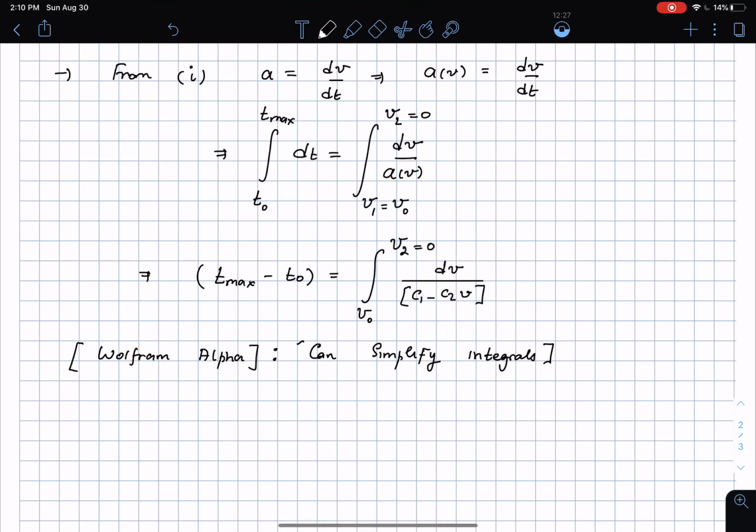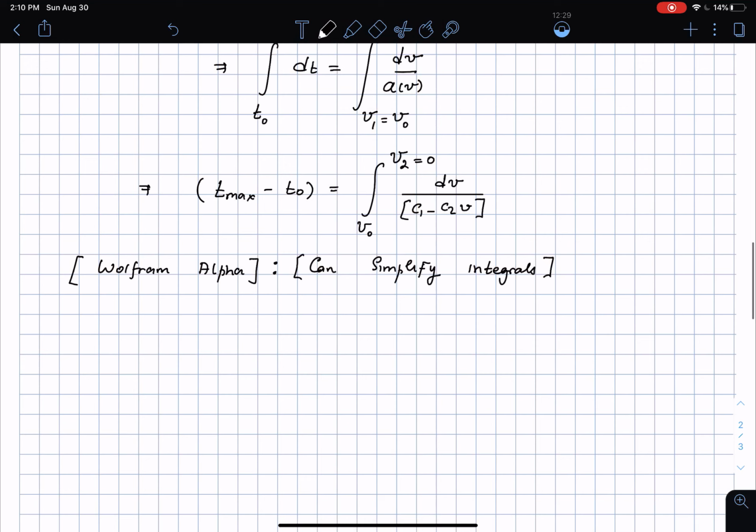Based on using Wolfram Alpha, after I simplify my integral, I end up with the following. After integration, here is what I end up with, and this is just solely for the benefit of time. We can always do the integration by means of substitution. It's fairly straightforward, but here is essentially what I get.